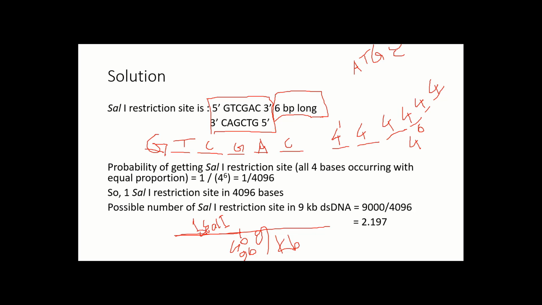So one SalI restriction site in 4096 bases, then the possible number of SalI restriction sites in 9 kb dsDNA will be how much? 9000 divided by 4096, because one SalI restriction site is possible in 4096 bases. If the total size is 9 kb, then the possible number is 9000 total size divided by 4096.